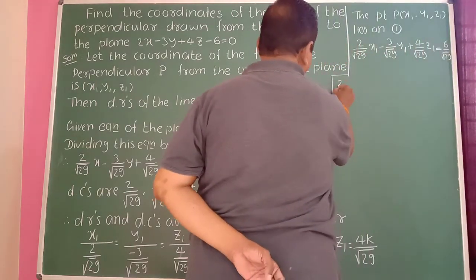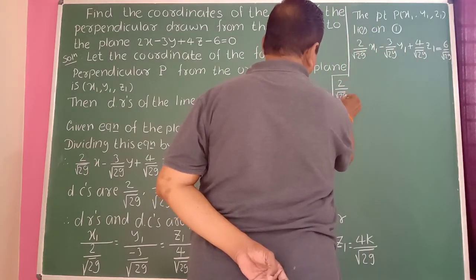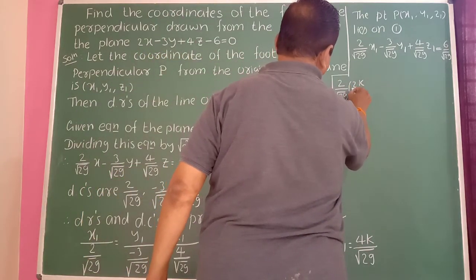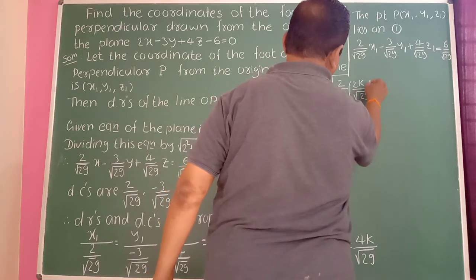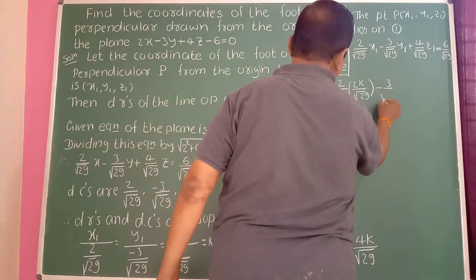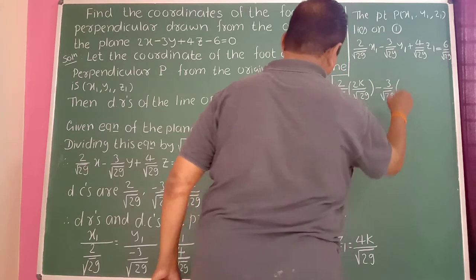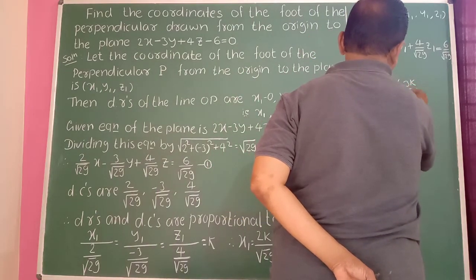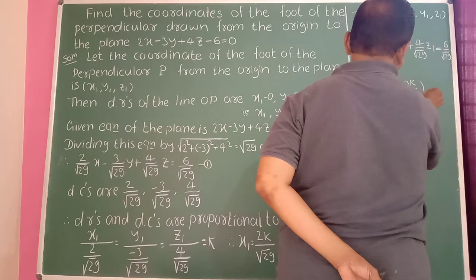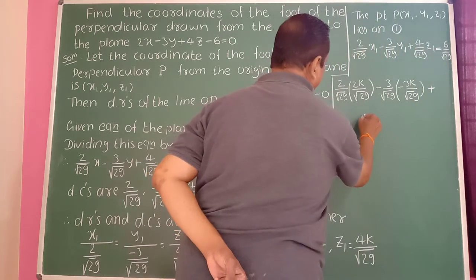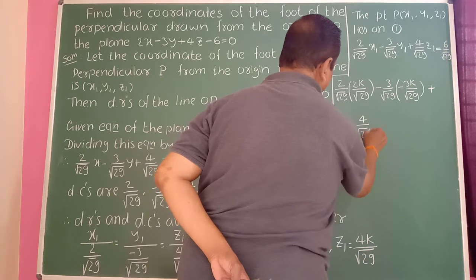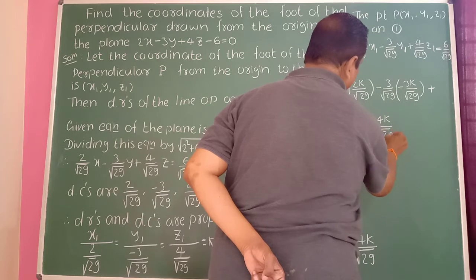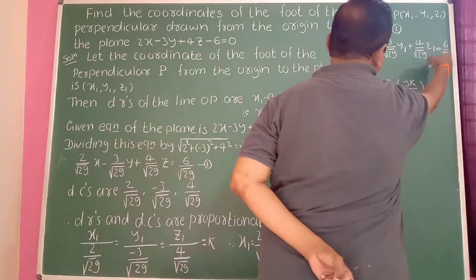Therefore, 2 into 2k by root 29, then minus 3 divided by root 29 into minus 3k by root 29, plus 4 divided by root 29 into 4k divided by root of 29, is equal to 6 by root 29.